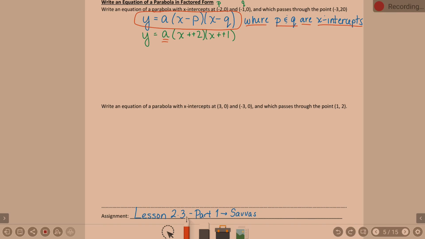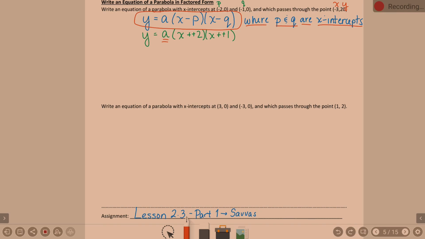A point. X and Y. Do you see where this is going? They're going to give me a point, X and Y. So now we're going to use that to plug in and find A.